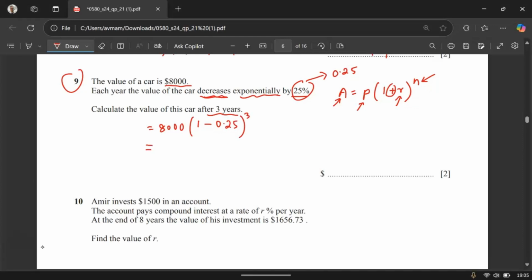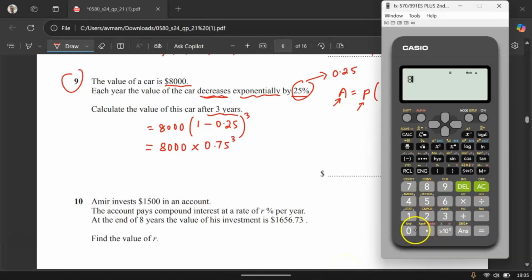So let's simplify this a little bit. 8,000 times 1 minus 0.25 is 0.75 to the power of 3. 8,000 times 0.75 to the power of 3 will give us 3,375.